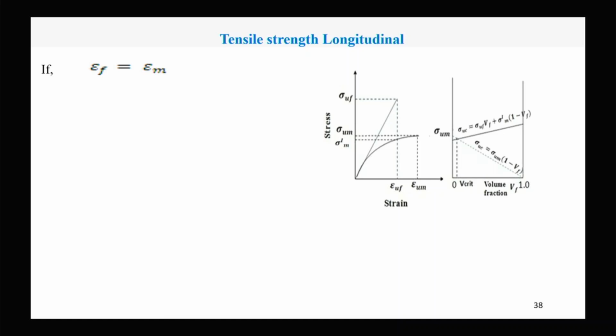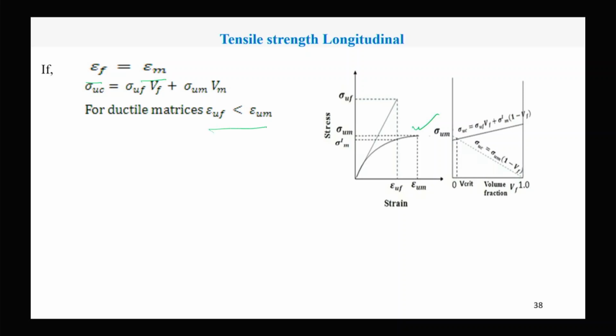Now in this case, strain on fiber equals strain on matrix. With that condition we have already discussed the stress component here. Now for ductile matrix, this is for ductile matrix where the matrix breaking strain is higher than the fiber breaking strain.